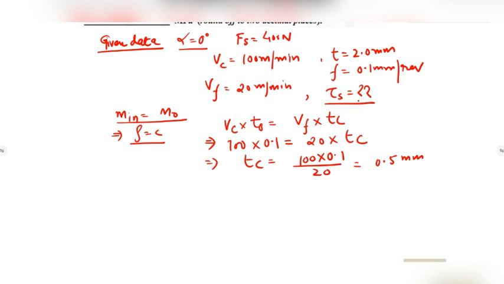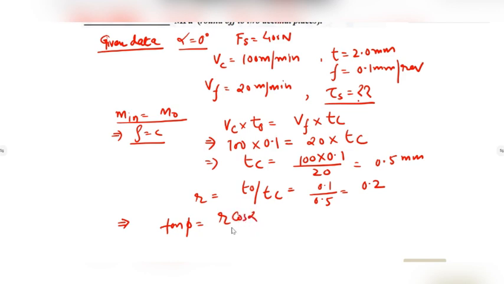Therefore, from this relation we can determine r is equal to t0 by tc. So we have the value of t0 as 0.1 and tc as 0.5, so this will become 0.2. From this we have the value of r. Therefore tan phi is equal to r cos alpha divided by 1 minus r sin alpha.